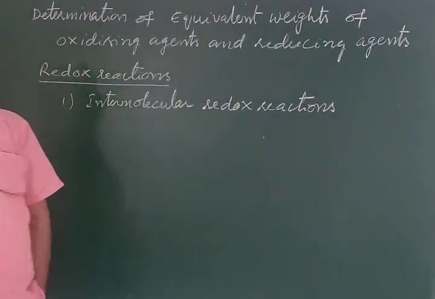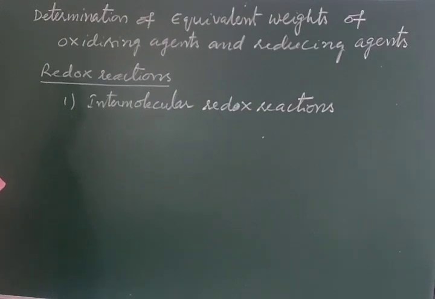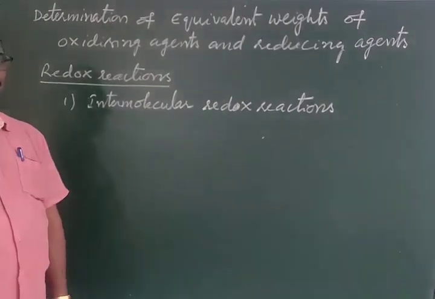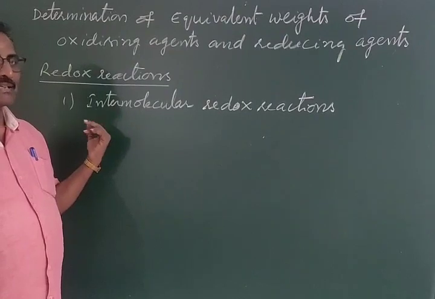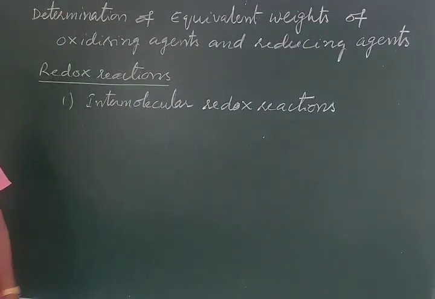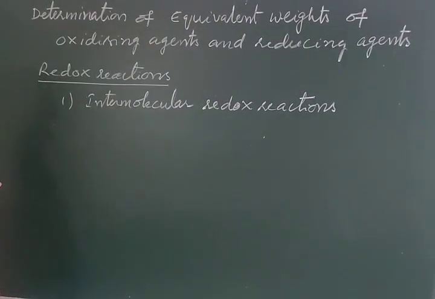In the intermolecular redox reactions, if one substance undergoes oxidation, another substance undergoes reduction. That means the element which undergoes oxidation and the element which undergoes reduction are present in different compounds or different substances.